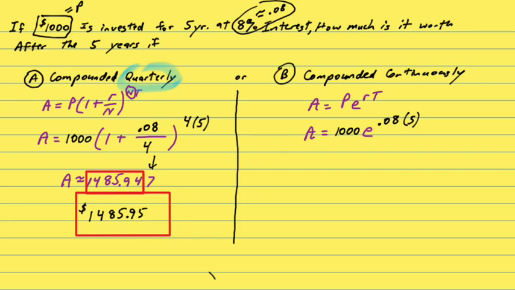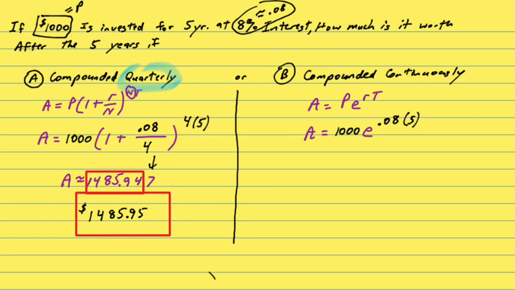Now, I told you continuously should be a little bit bigger because it's compounded more often. So on this one, I'm going to do 0.08 times 5, get a number. Then I'm going to do e raised to that power, e raised to the 0.4 power. I take e to the 0.4 and then multiply that by 1,000.